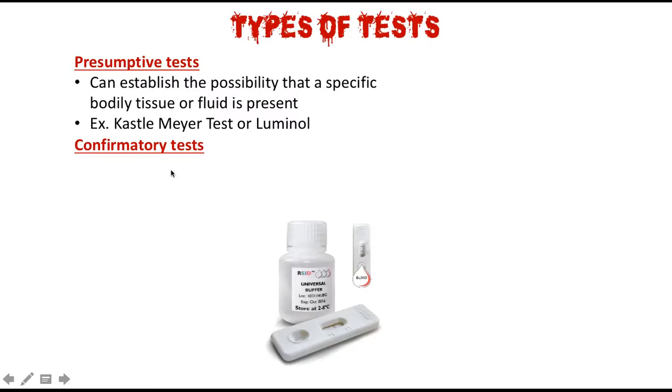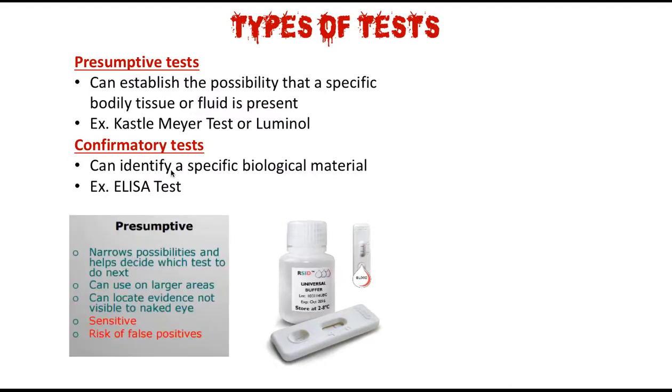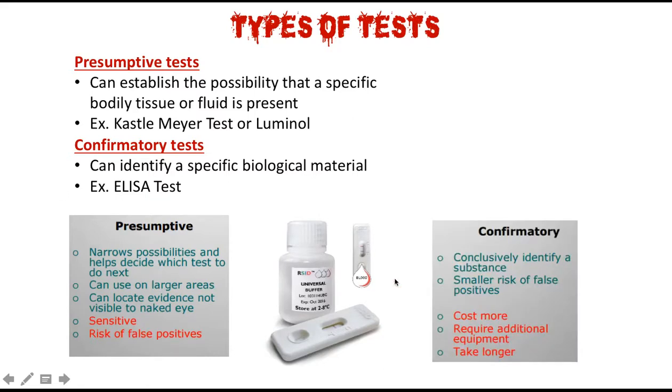Whereas a confirmatory test will tell us specifically that a certain biological material is present, like human blood, okay? And that would be the ELISA test. Okay, so presumptive narrows down and helps decide which test to do next, whereas confirmatory is a very conclusive and final result, and it's usually going to give you a fairly definite answer.